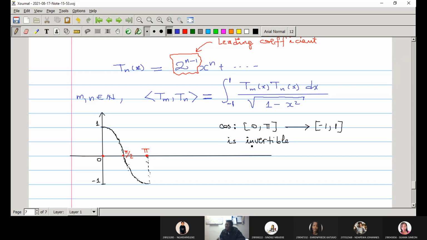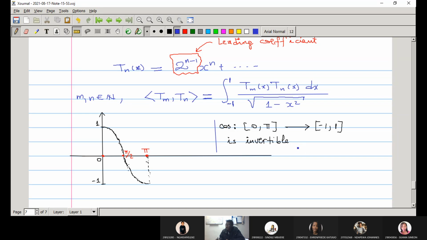Now because it's invertible here, the inverse is what we call arc cosine or cosine inverse.